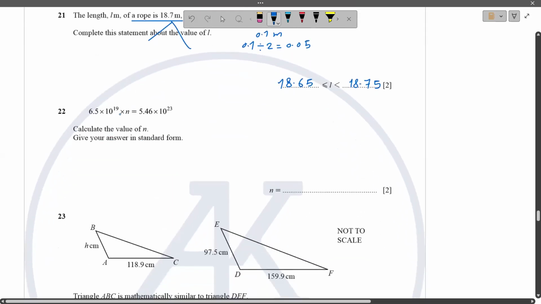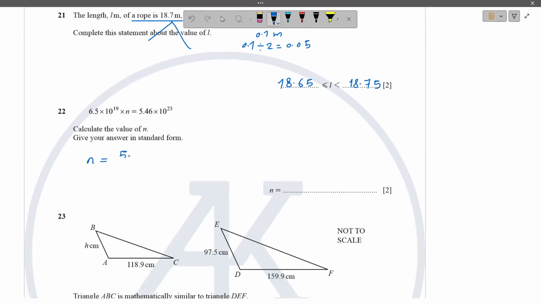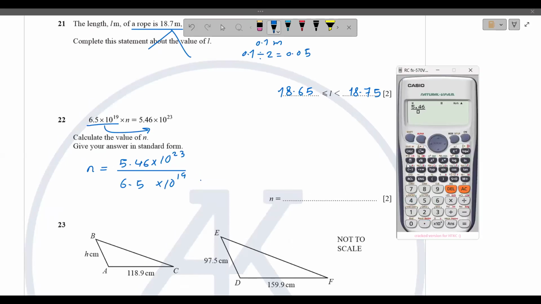Calculate the value of n. n will be equal to 5.46 multiplied by 10 to the power of 23 over 6.5 multiplied by 10 to the power of 19.